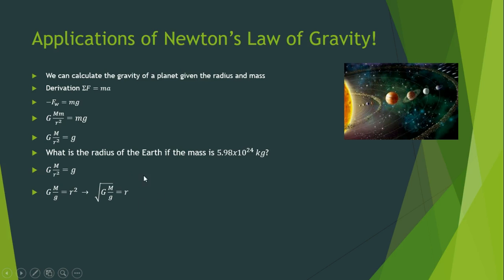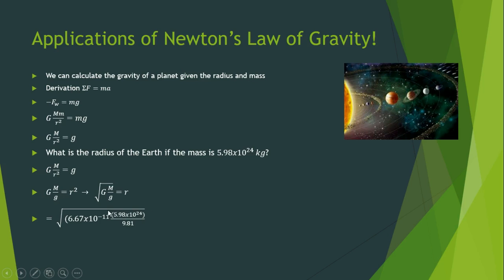So now we plug in everything we know. When you're putting it in the calculator, it's always important to put scientific notation in parentheses. I'm missing a parenthesis here, but there should be one right here. Notice how 5.98 times 10 to the 24th is all in parentheses.